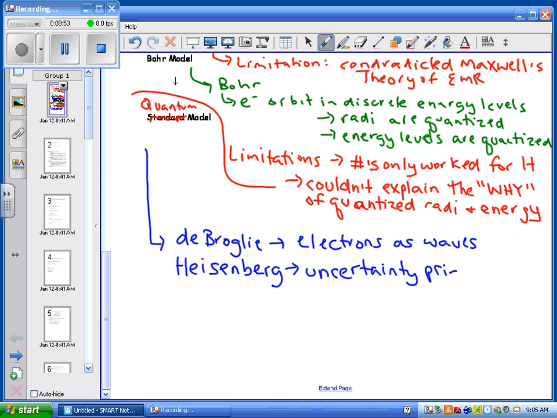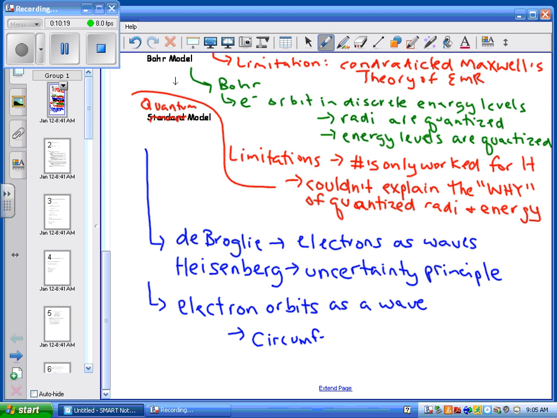Okay, and so what that quantum model said was that the electron orbits as a wave. And what was said about it was that the circumference had to equal a whole number of wavelengths. And that was why those energy levels were then quantized, and why the radii were quantized. They only happen at certain spots. They had to be whole number multiples of the radii.